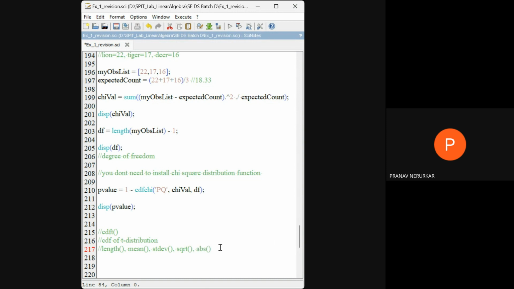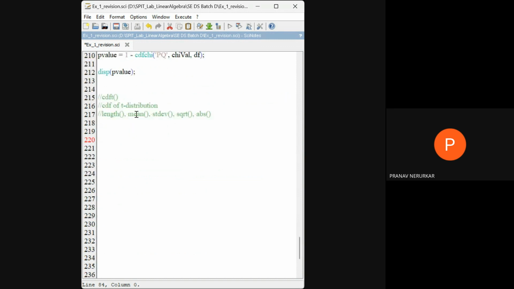These are certain mathematical functions, mean, standard deviation, square root, and absolute value, which are available in the base distribution of Scilab. Although these will also be available in the base distribution of Python, this cumulative distribution function will not be available. For that, you have to import libraries, which in Scilab can be avoided.